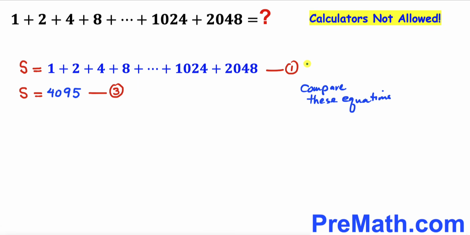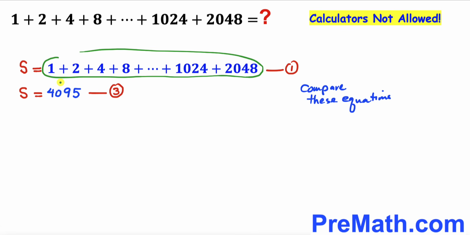Now we are going to compare equation 1 and equation 3. We can see the left hand sides are identical; both of them are uppercase S. So we can equate this right hand side with this right hand side as well.